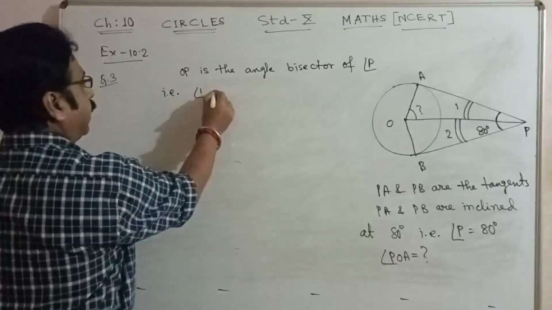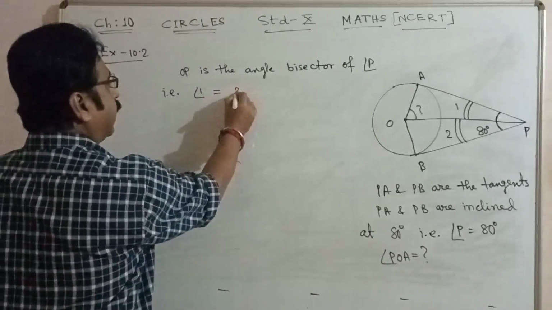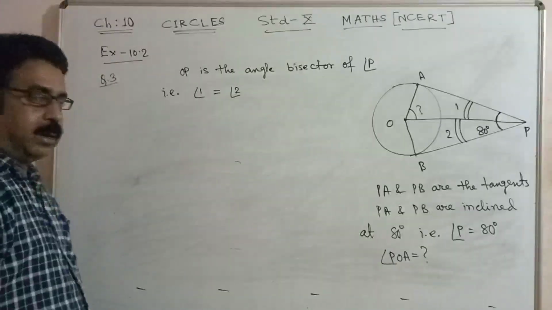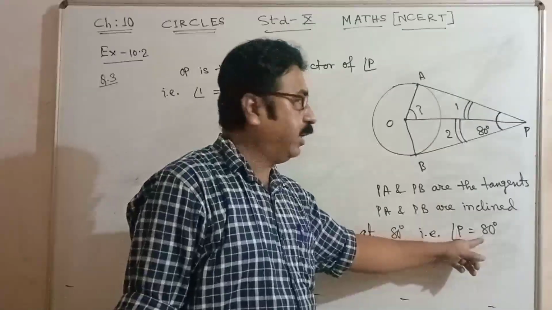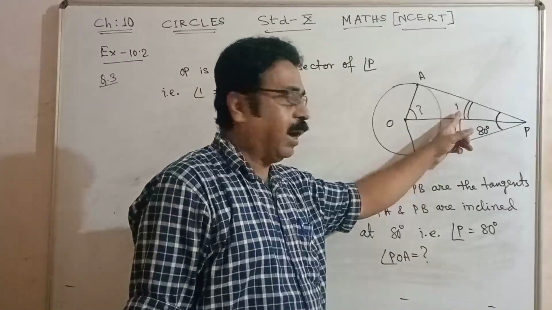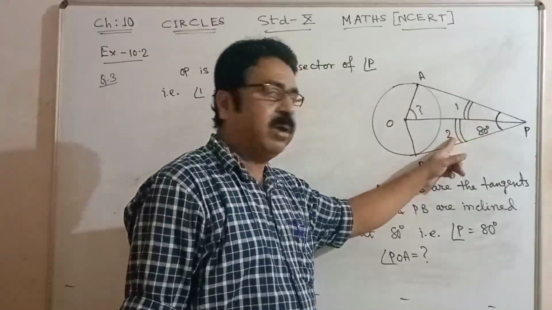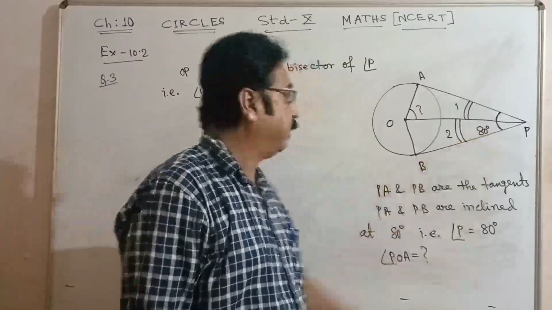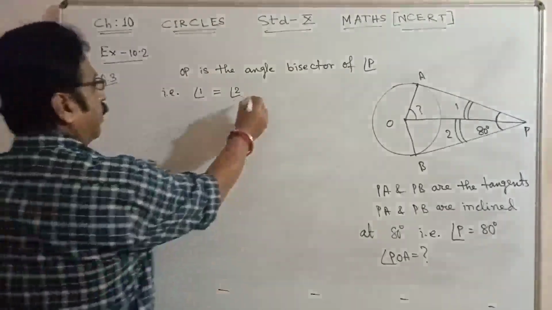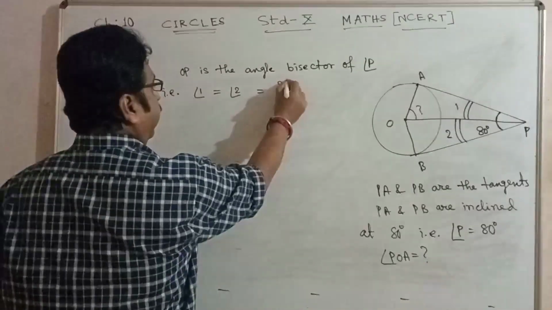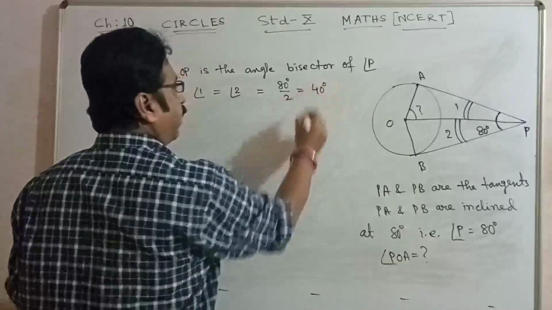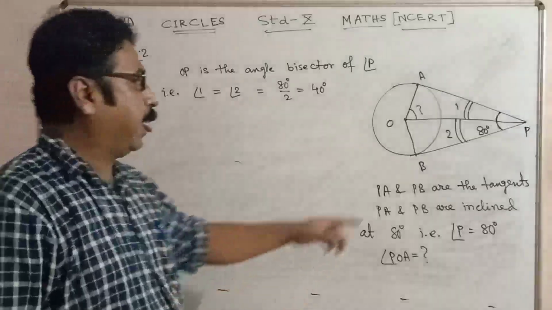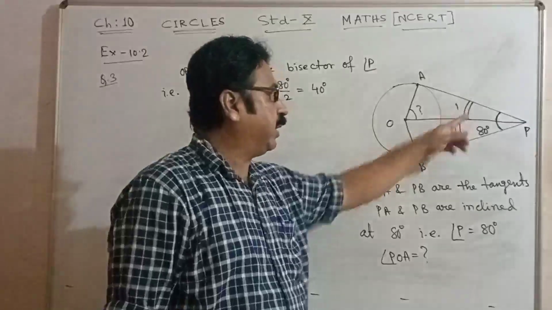Angle 1 is equal to angle 2. The total of angle 1 and angle 2 is given 80 degree. So angle 1 will be half of 80 degree and angle 2 also will be half of 80 degree, equals 80 degree upon 2 equals 40 degree. So angle 1 is 40 degree.